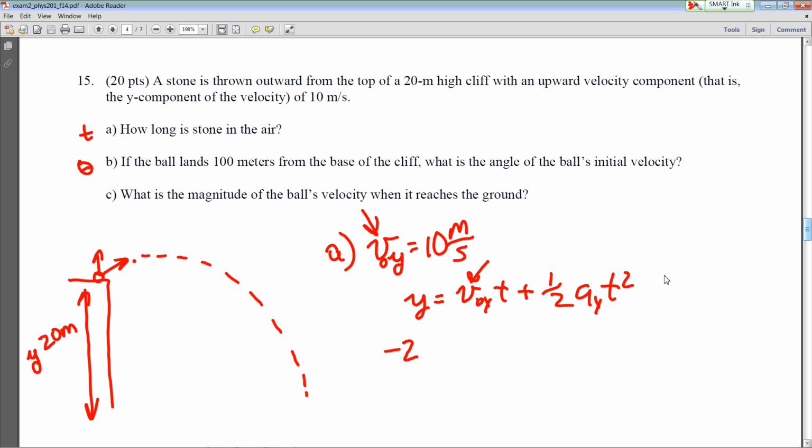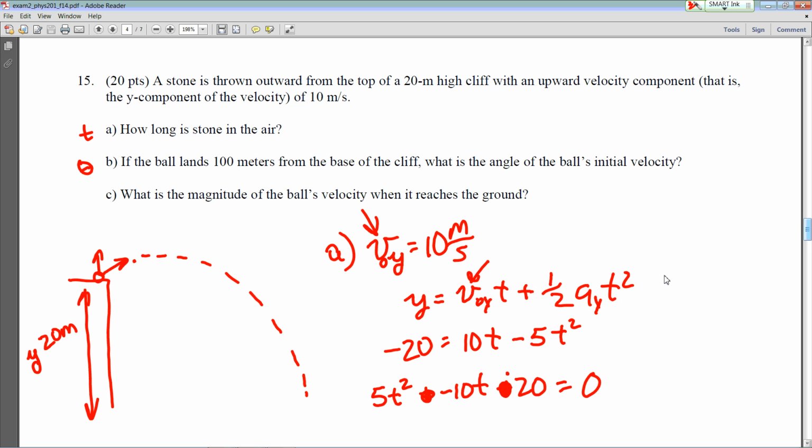So I have negative 20 equals v naught y, that's 10, times t minus 5 t squared. So I get 5t squared plus 10t minus 10t plus 20 equals 0. And then you had to use the quadratic formula to solve that. Was it a simple answer? Oh, yeah, you're right.